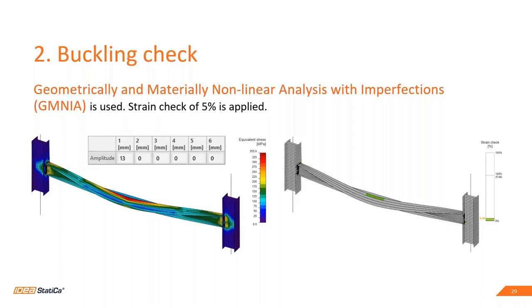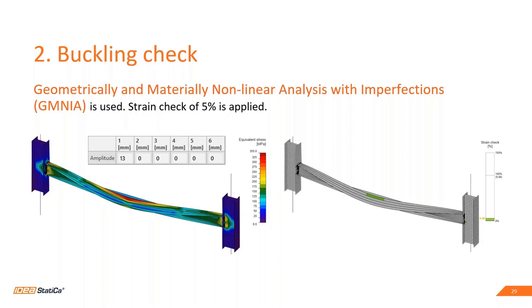Now we have to decide which of these eigenshapes is the most dangerous. In this example, we decided that we will use the first shape, and we applied 13 millimeters imperfection on this shape.